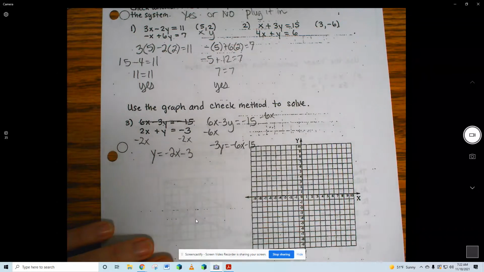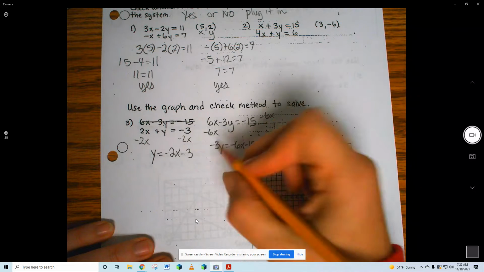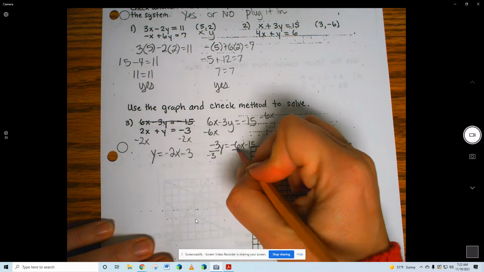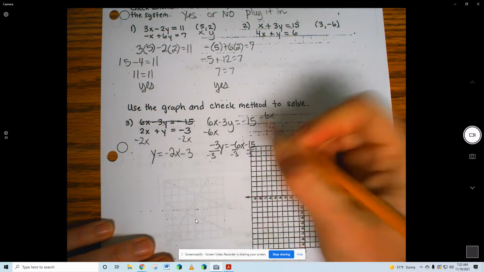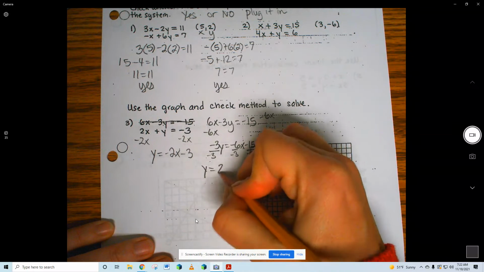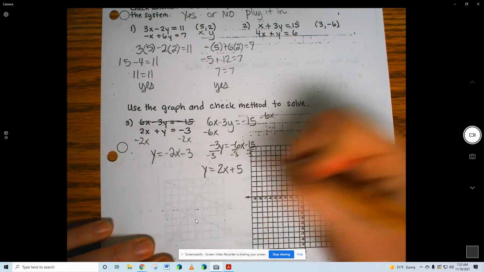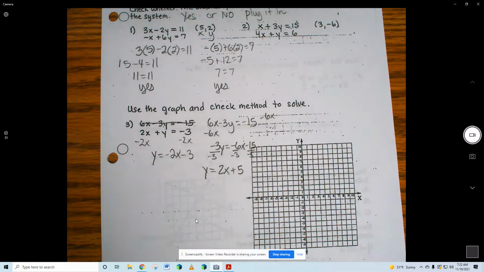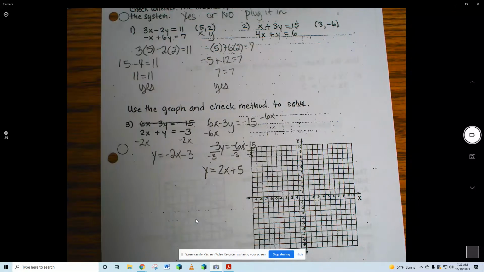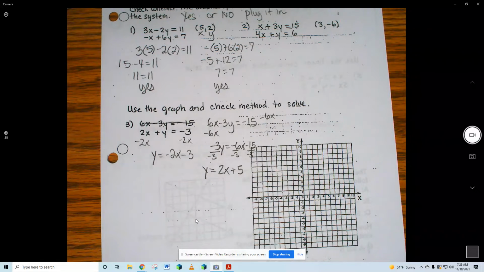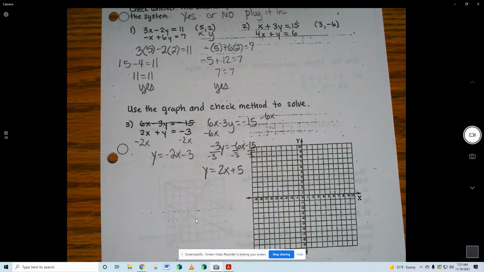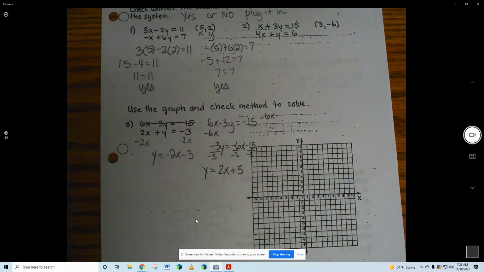So I always have to put the x term right after the equal sign, yeah? Divide by negative 3. Y equals 2x plus 5. And I'm going to graph both and see where they intersect. Super easy. Y equals mx plus b.